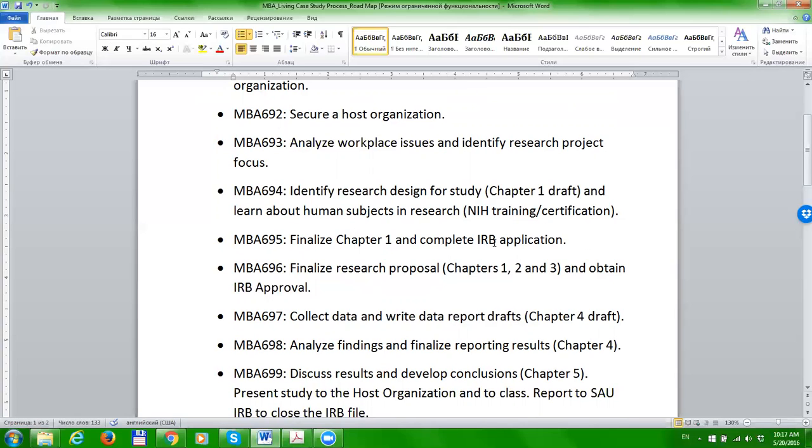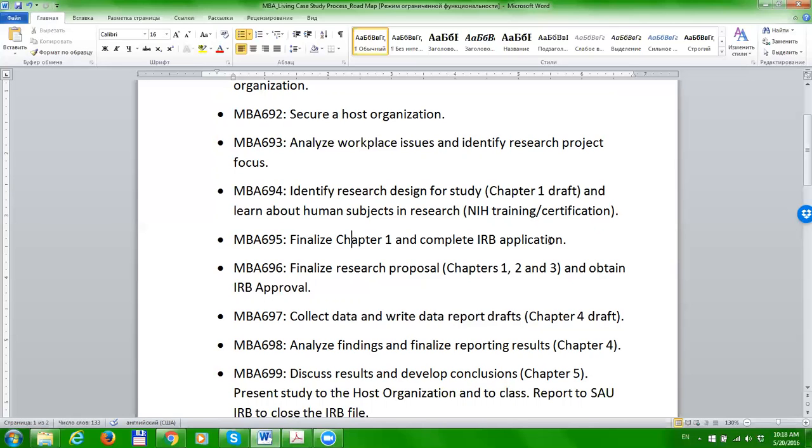IRB stands for Institutional Review Board, and the role of this university department is to review research applications and make a decision to approve the application or to deny the application. So the quality of your IRB application is very important.